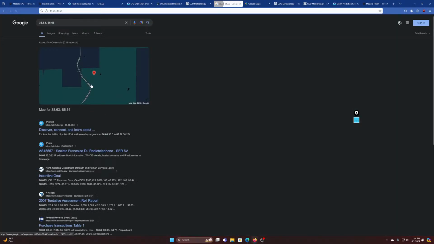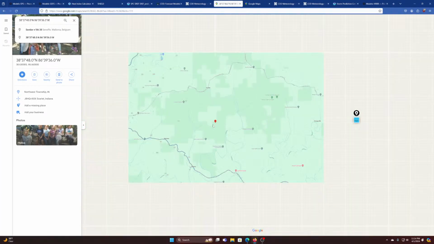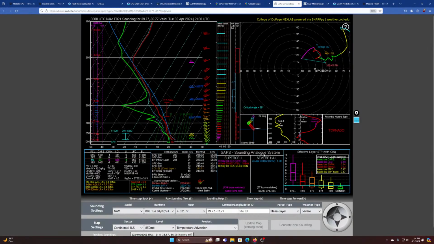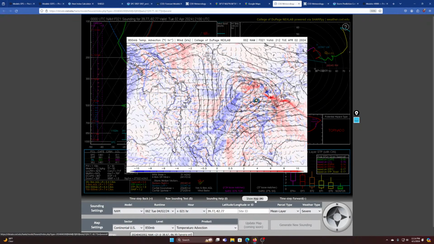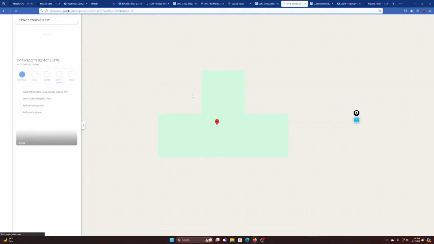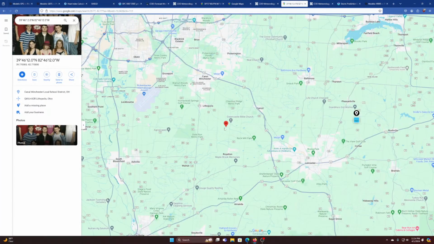So if I see both of these, I'm gonna say, at least as a starting point, I see the coordinates for both of these.